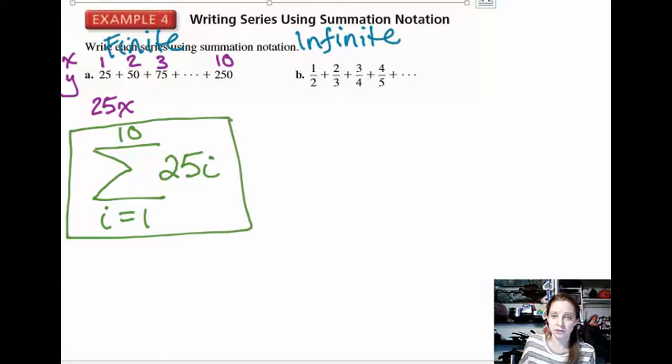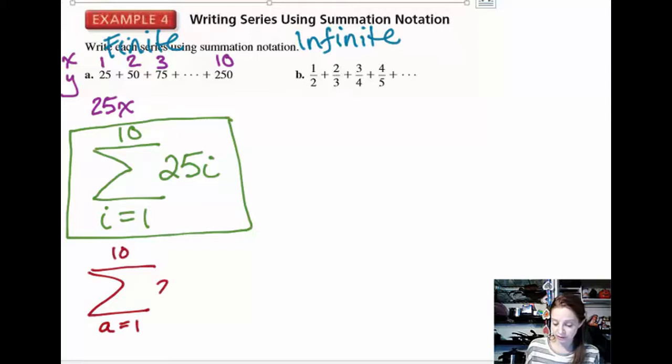That is summation notation for the first series. I want to point out that you don't always have to use I. If you instead opted to write, say, A equals 1 to 10, 25A, that would mean the same thing. I is most common, but you'll see on the regions problem on the triad, they don't use I.